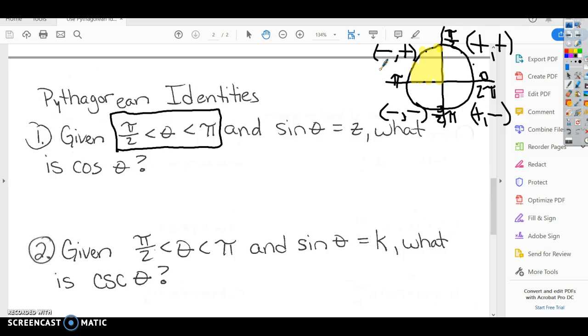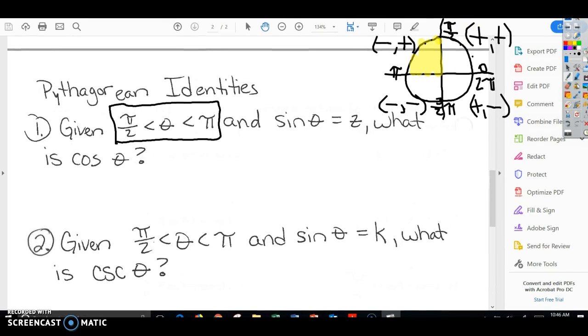So on the unit circle, it's always the cosine and sine. That means your x value is your cosine, your y value is your sine, and the positive and minus comes from which quadrant it's in.